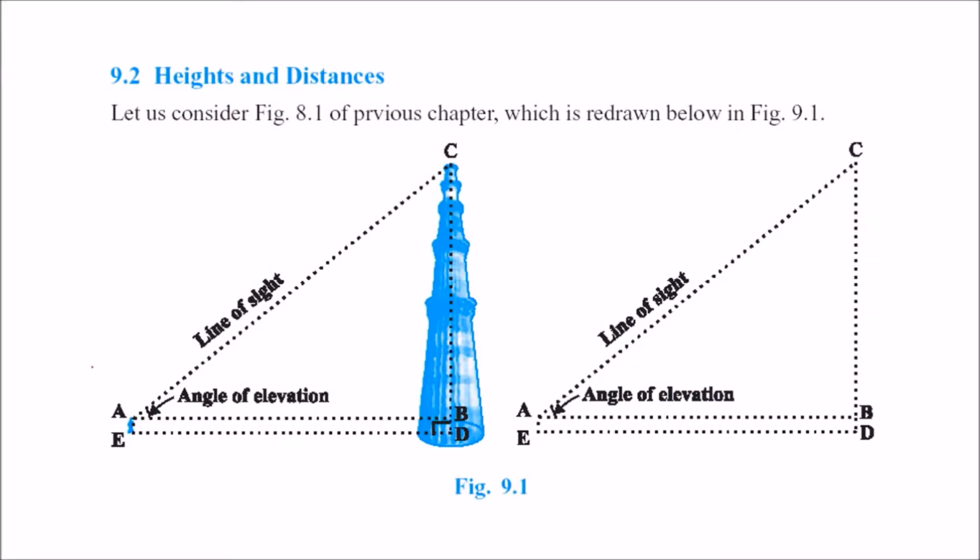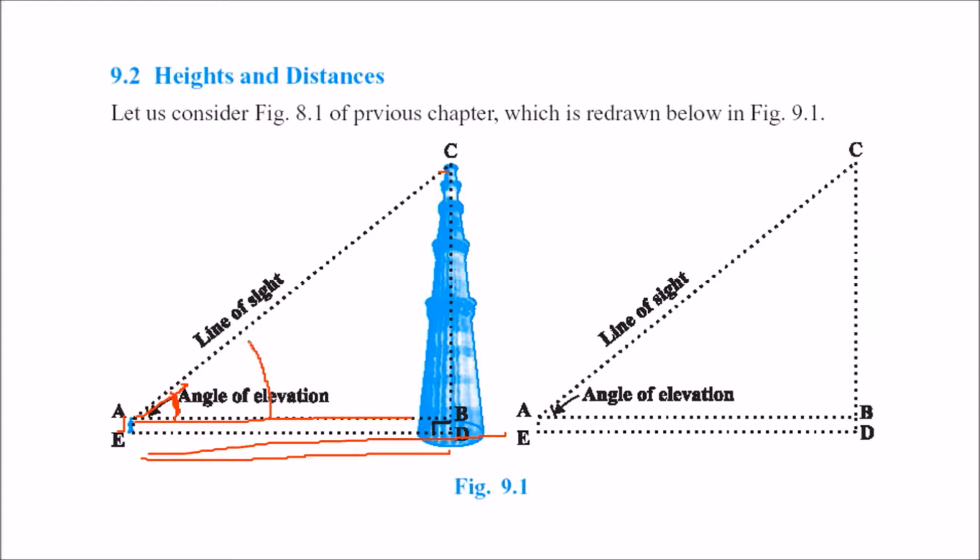The height and distances: if anybody is standing here and there is a minar or a pole, or anything which stands at 90 degrees, vertical to the ground, then just by finding your angle of elevation, which is the angle between the horizontal and your eyes, how much you move your eyes to see the peak, this is the angle of elevation.